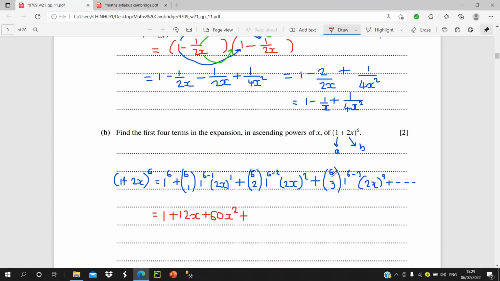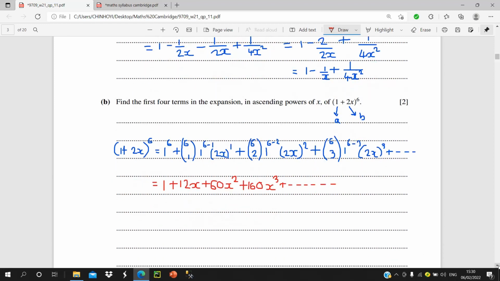Plus, here we have 6 choose 3 times 1, then times 2 to the power of 3, because this 2 is affected by this power. You are supposed to get 160, and the power of x in this case is x to the power of 3, then plus dot dot dot. So these are the first 4 terms.